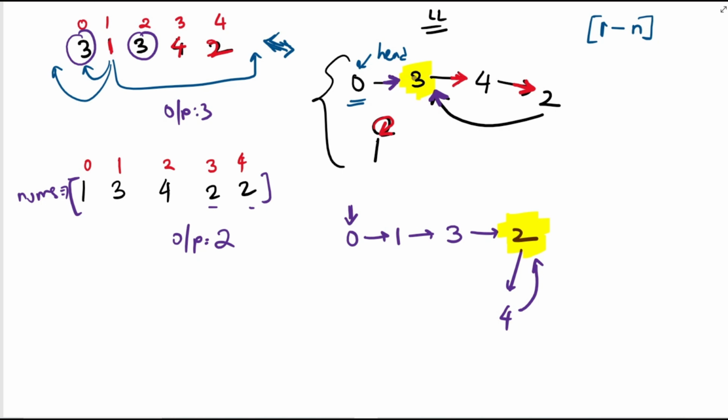So we can say that whenever we have in a linked list a particular node, and if more than one pointer is pointing to this node, that just means that there is a cycle which is starting at this particular node, right?